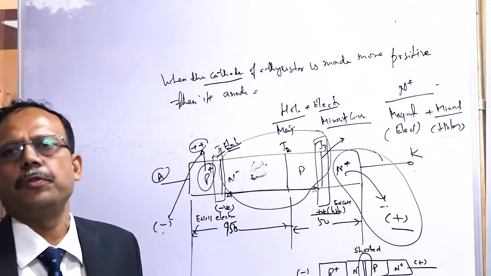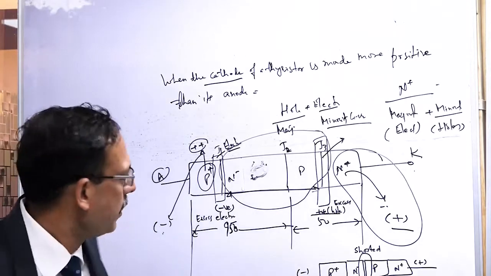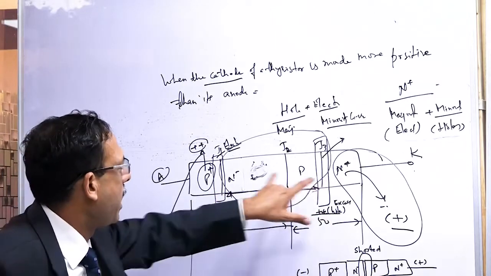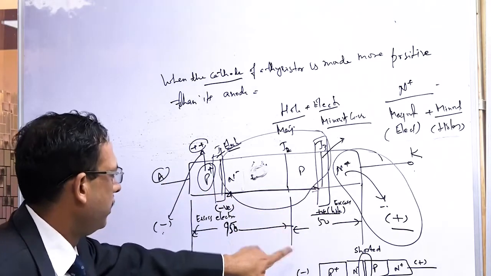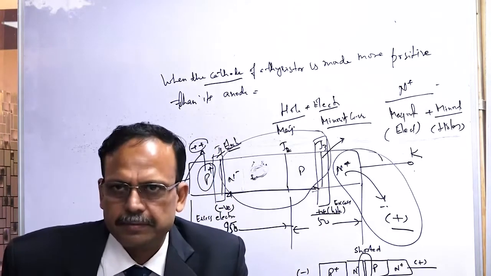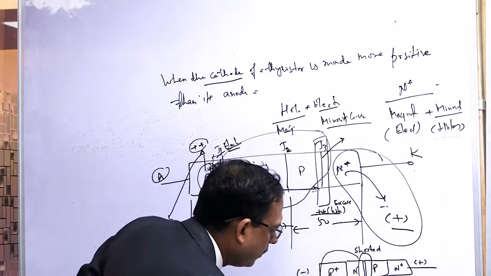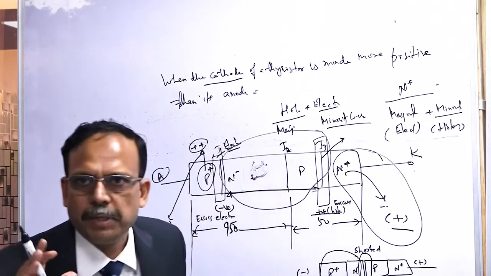This is the question which was asked in the civil services examination in one of the years. When the reverse bias is applied across a thyristor, this particular structure is equivalent to what? What is this PNN?